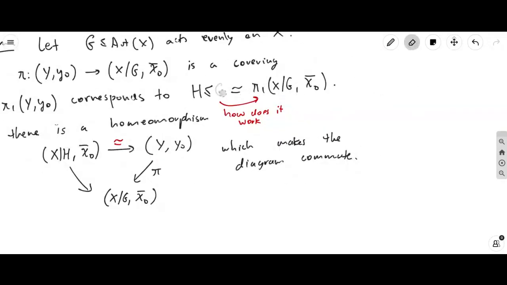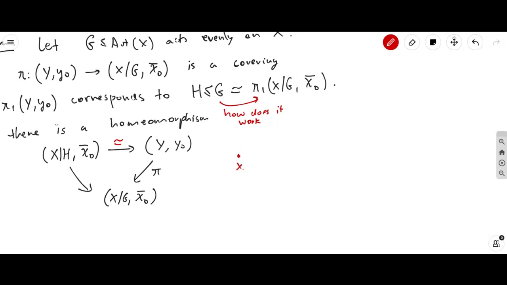If I give you a translation in this group, and again, when I say a translation, it's not necessarily a translation. It's just some kind of automorphism of your space, but we just visualize it as a translation of X. If I give you a translation, it's isomorphic, so that means it gets mapped to some loop. So how do you get a loop out of this? Well, the way you do it is you start with the base point.